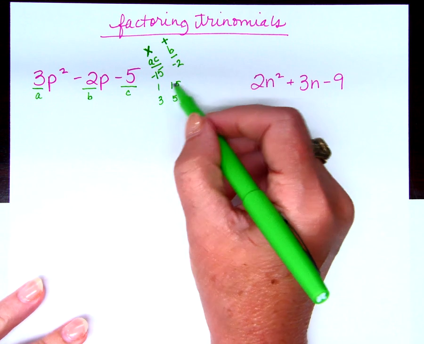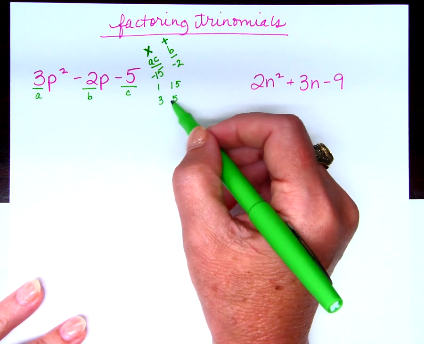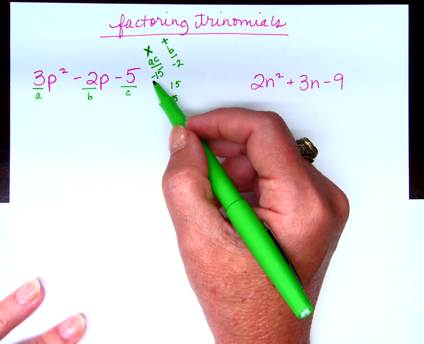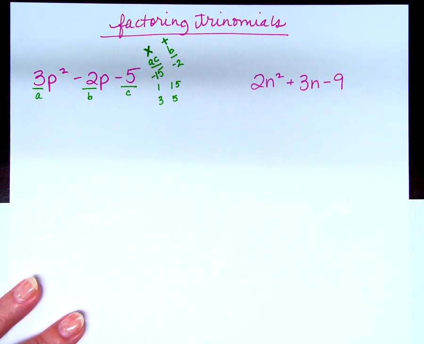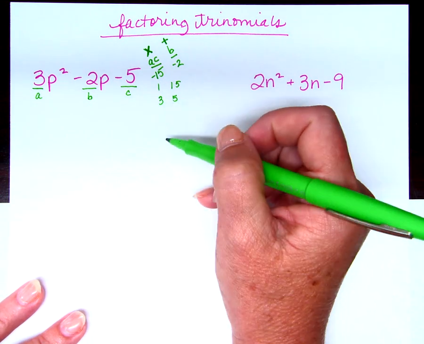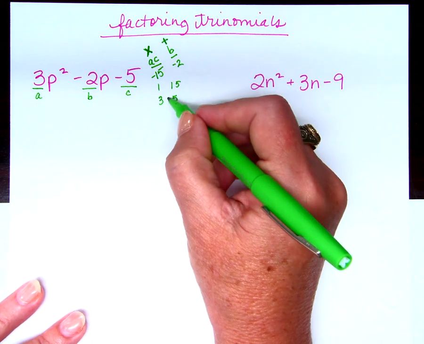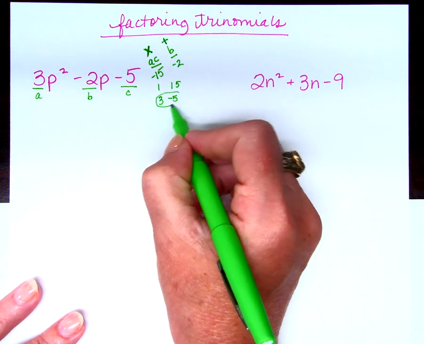I have to figure out which combination can I multiply together to be -15, but when I add them, it's -2. So 3 and 5, I agree with, but which one has to be a negative? The 5 has to be a negative so that when I add them together, I get -2. Does that make sense? Okay, so this is what we came upon.